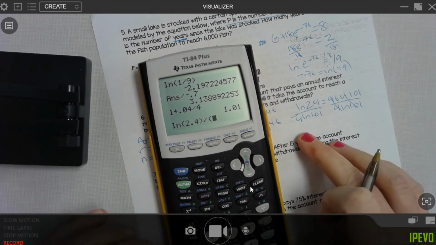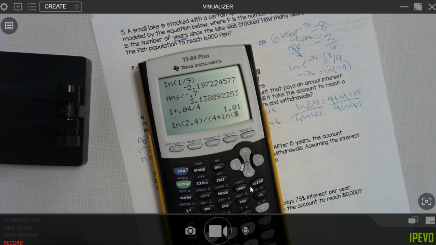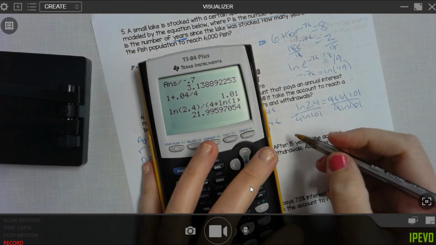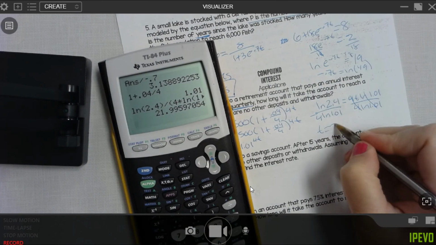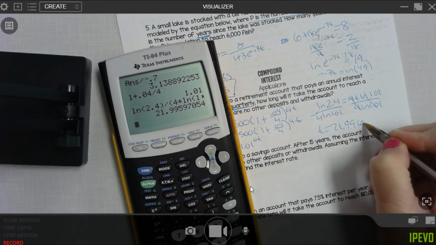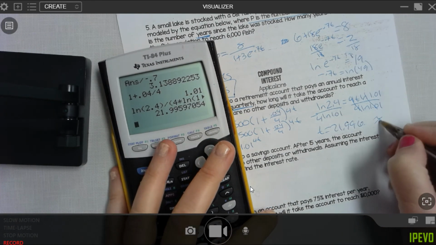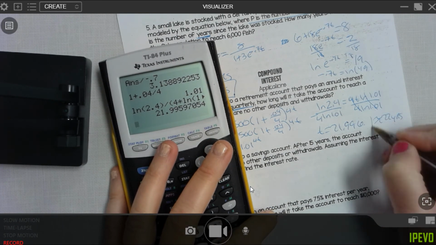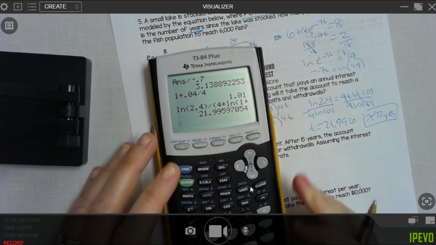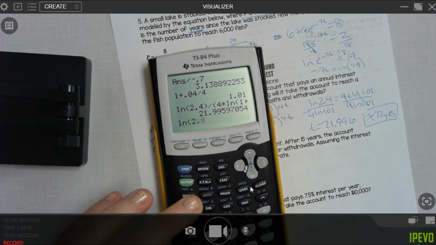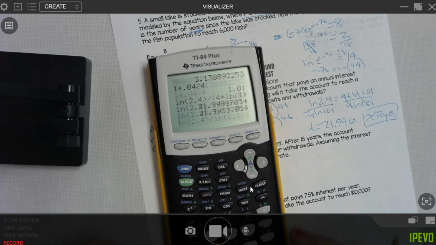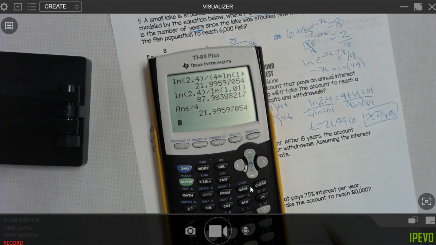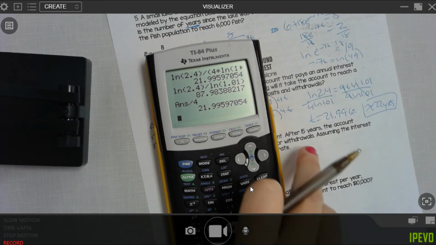So the entire bottom would have to get a parenthesis if you want to type it in all at one time like I'm doing. If not, so we get 21.996. So we're going to say about 22 years when it happens. If not, you're just going to do natural log of 2.4 divided by natural log of 1.01. And then you hit divide by 4 afterwards. Either way, you get the same answer.